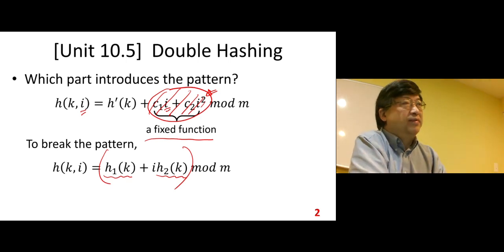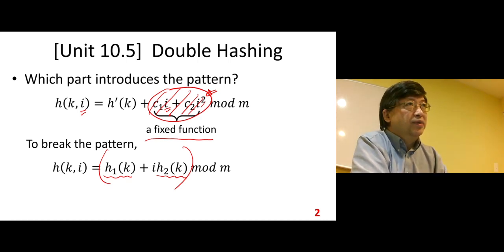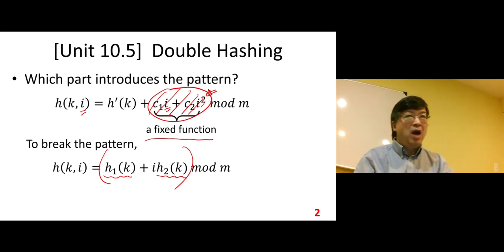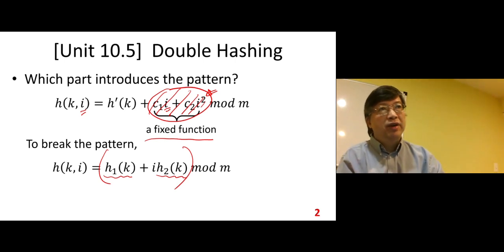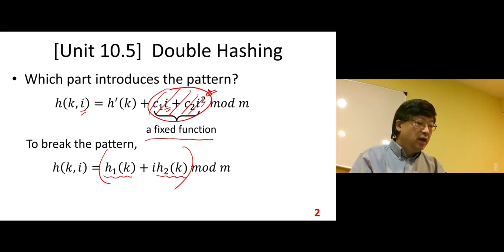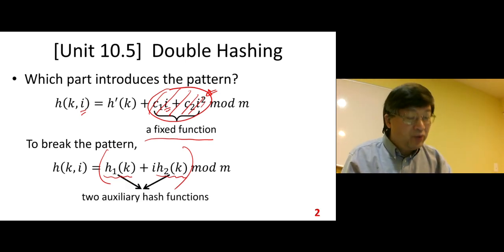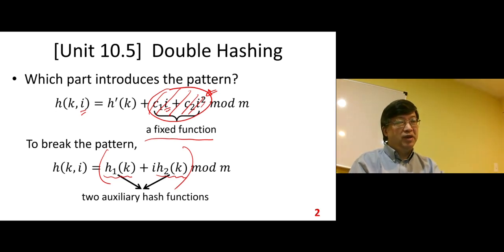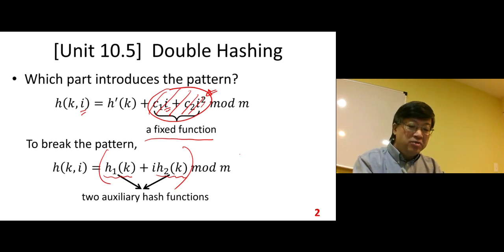Using this way, we improve the problem: the primary clustering problem and the secondary clustering problem. In this design, we use two auxiliary hash functions. So that's why we call it double hashing. Why is this new method better than the old method?